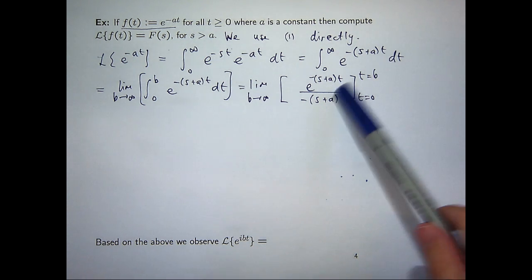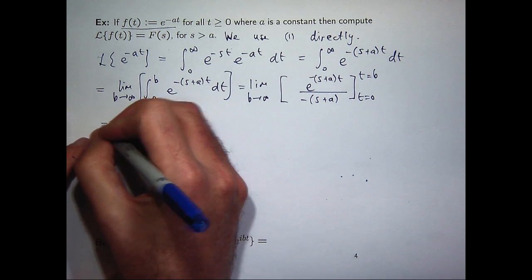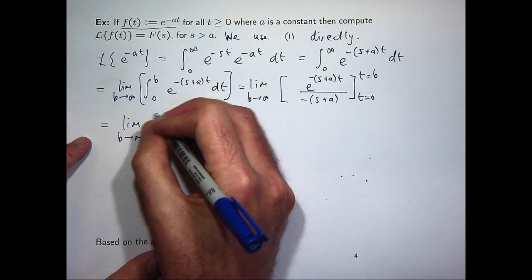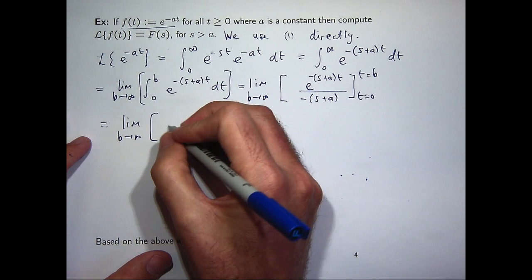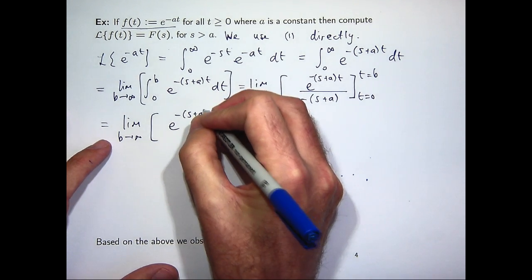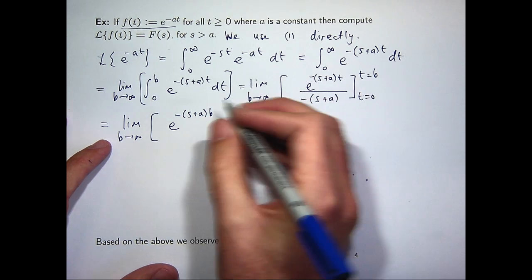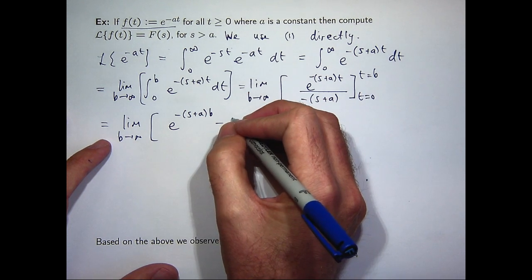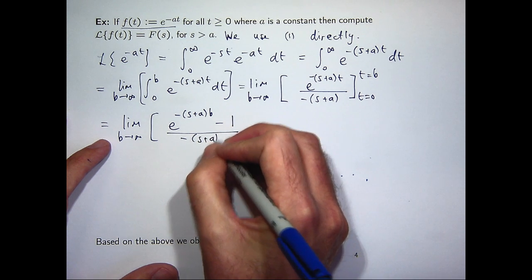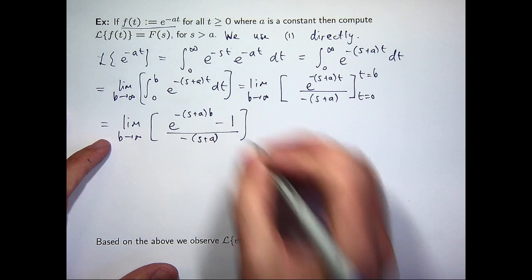Okay, so plugging in t equals b and t equals 0, I'm going to get the following. When t equals b, I'll get something like this. And when t equals 0, I'm going to get e to the 0, which is just 1. And all I've got to do now is take the limit.